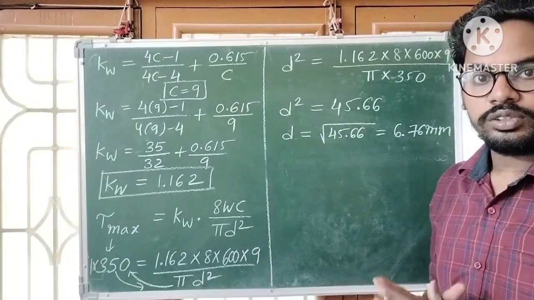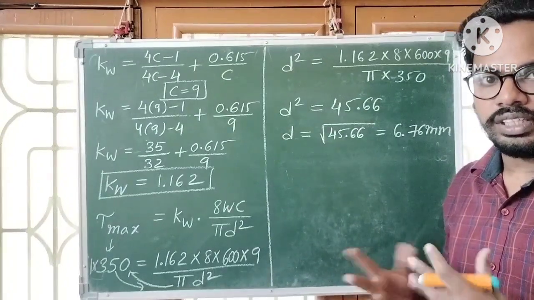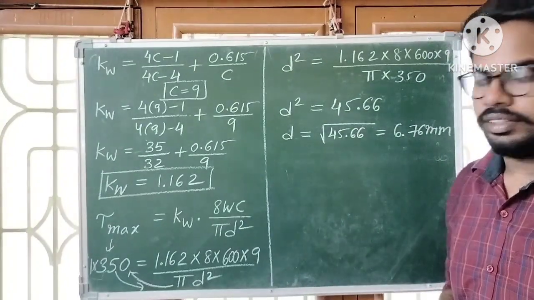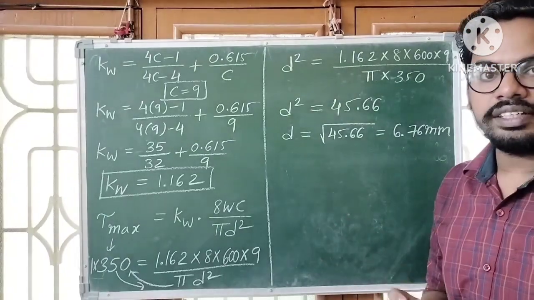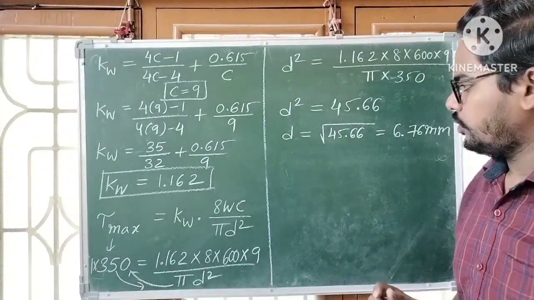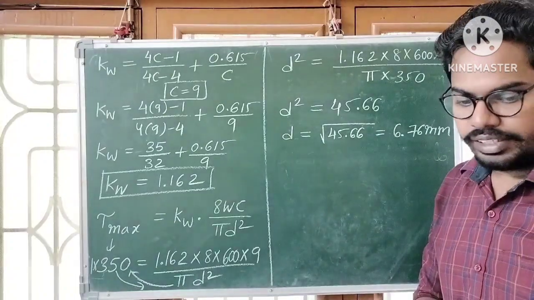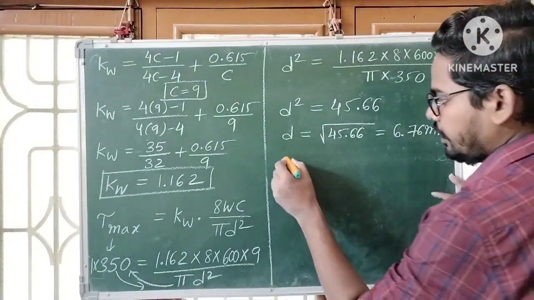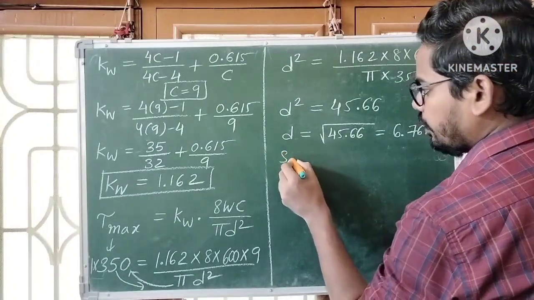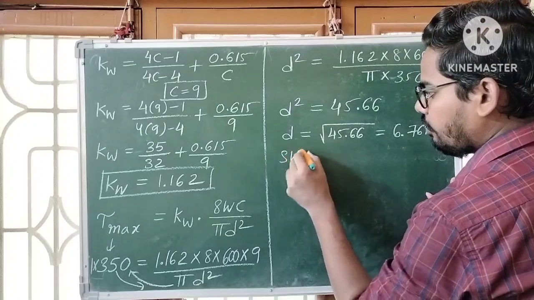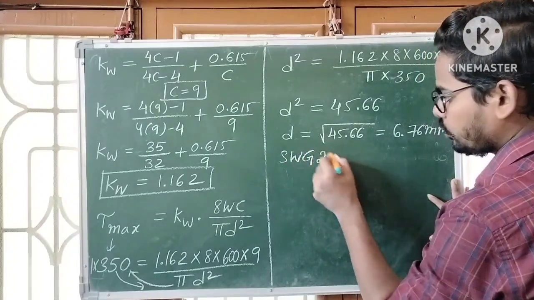Now we have to check the design data book, and we have to take a standard wire diameter. From the design data book we can take spring standard wire gauge number 2.